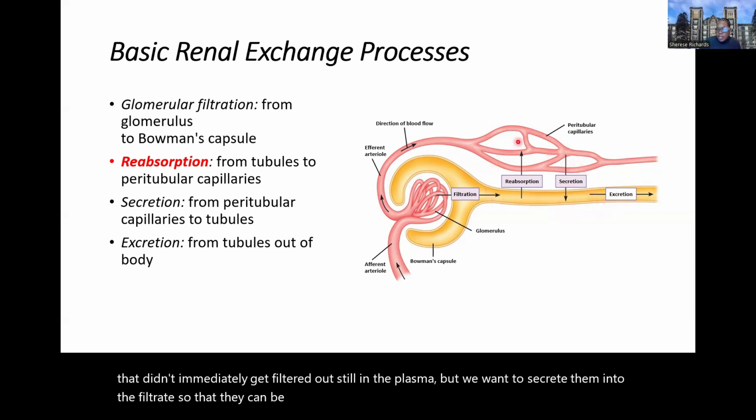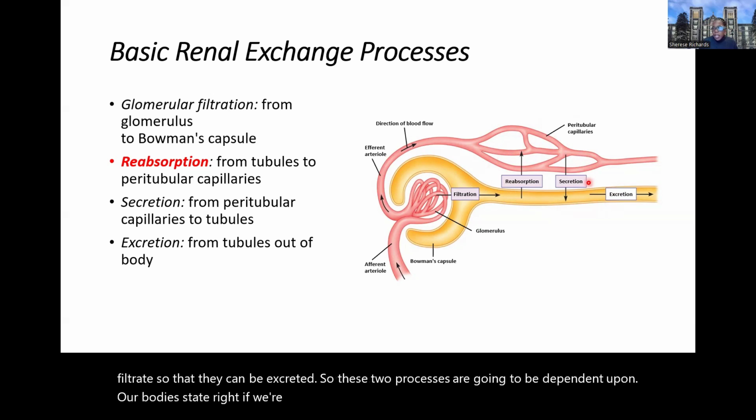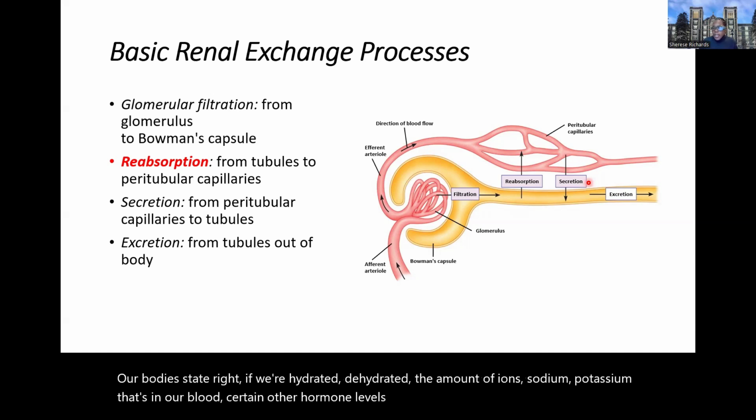So these two processes are going to be dependent upon our body state, right? If we're hydrated, dehydrated, the amount of ions, sodium, potassium that's in our blood, certain other hormone levels like renin, angiotensin.